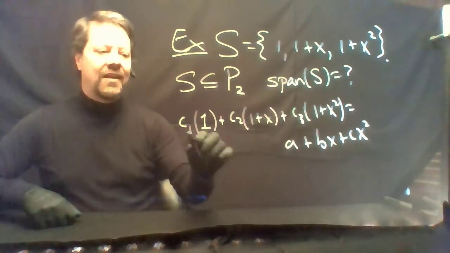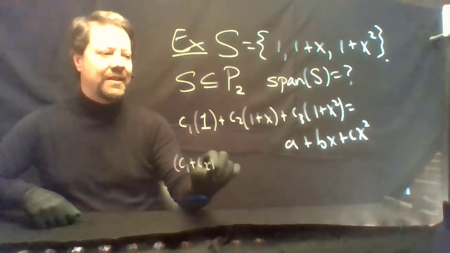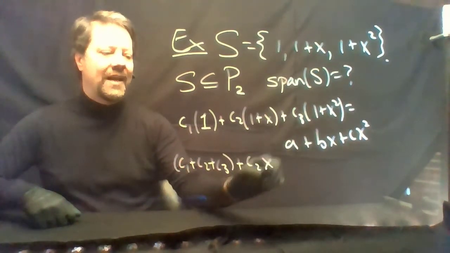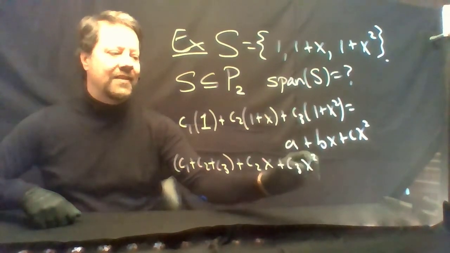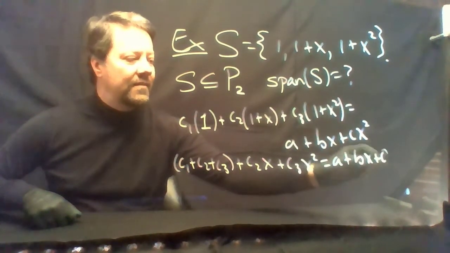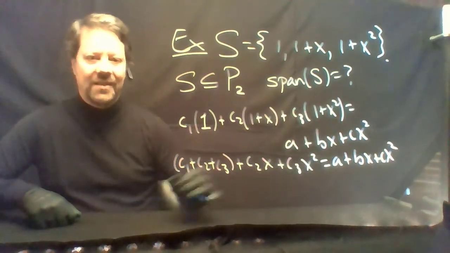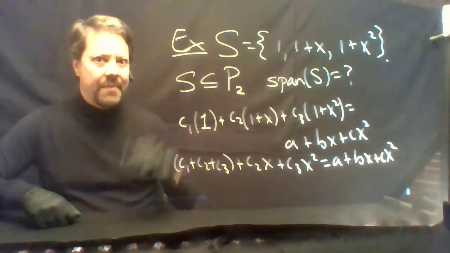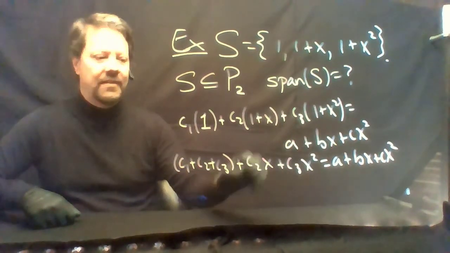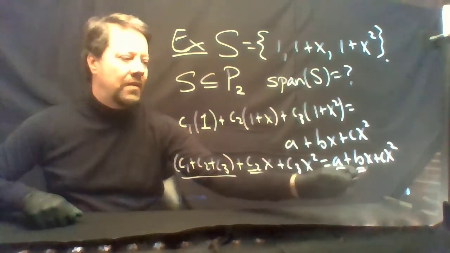Note that on the left-hand side, we'll get C1 plus C2 plus C3 plus C2x plus C3x squared. For which a, b, and c on the right can we construct a solution? Remember, two polynomials equal each other if and only if corresponding coefficients are equal.